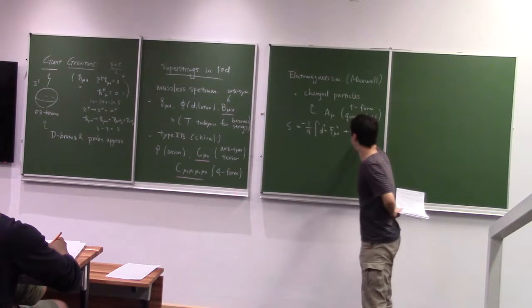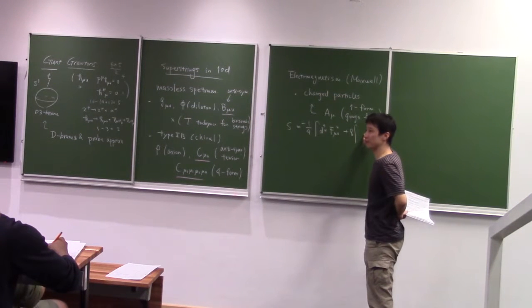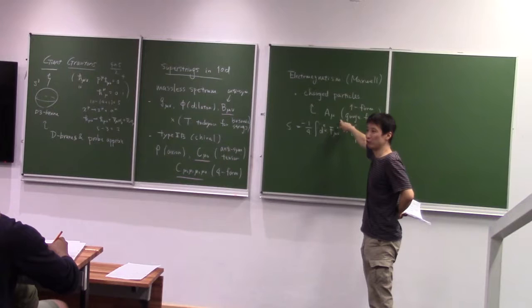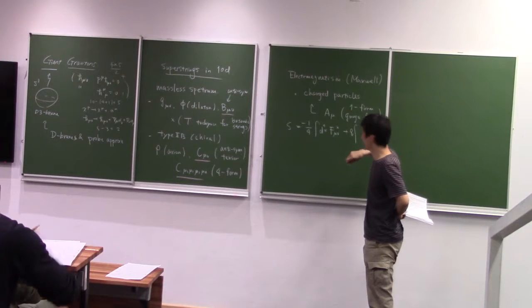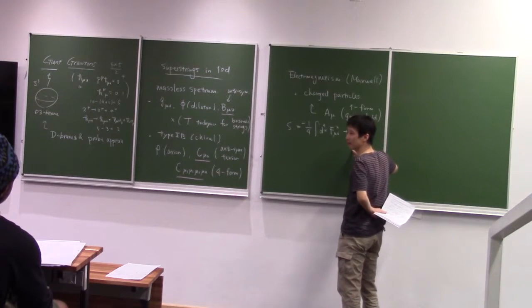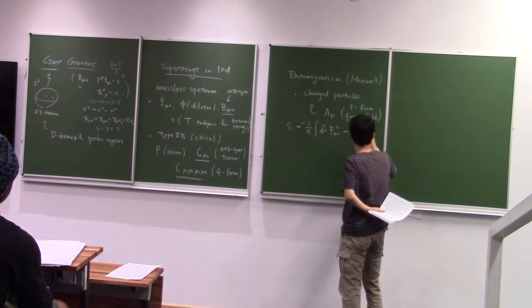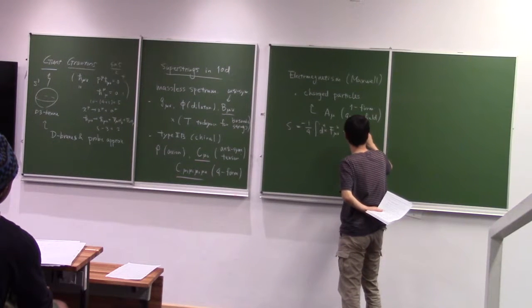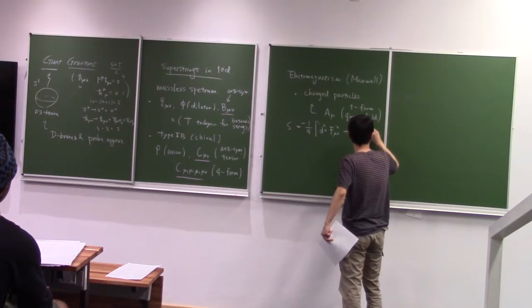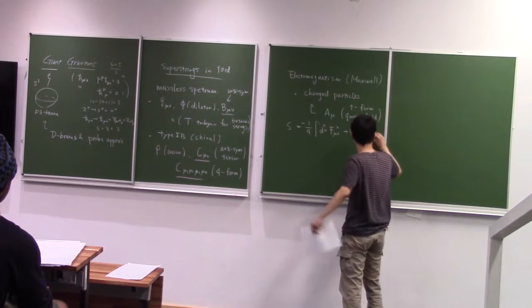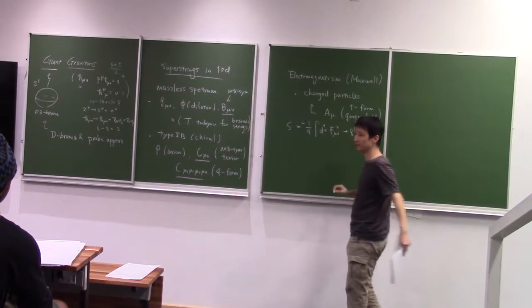Here you have to have coupling to the gauge field. Okay, you need the charge times the 1 form. Yes, that's right. In this case, you have current and you have gauge field.